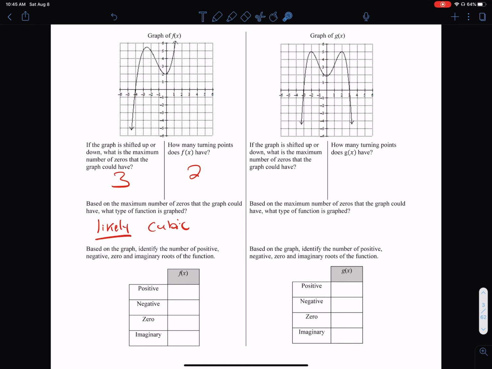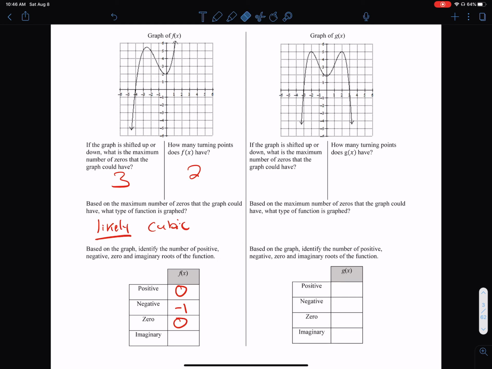Based upon the graph, identify the number of positive, negative, 0, and imaginary roots. So there's definitely one negative root right here. It's odd multiplicity because it crosses and it doesn't change concavity, therefore it's just 1. There are no positive ones. It doesn't cross at 0.